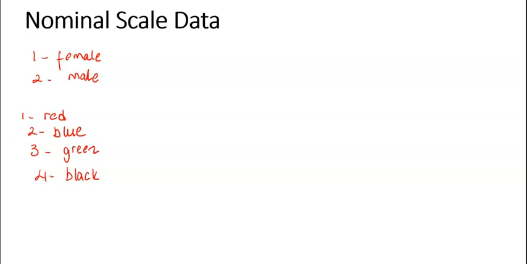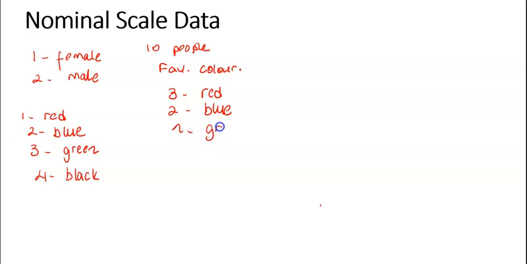So what I mean is, imagine that we ask 10 people about their favorite color. Let's say 3 of them choose red, 2 choose blue, 1 chooses green, and 4 choose black.